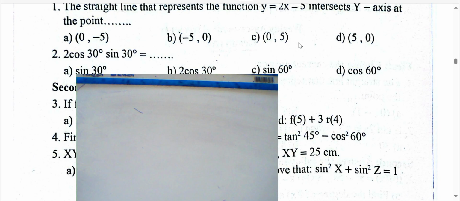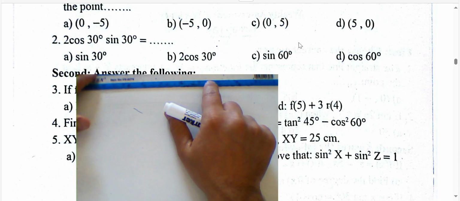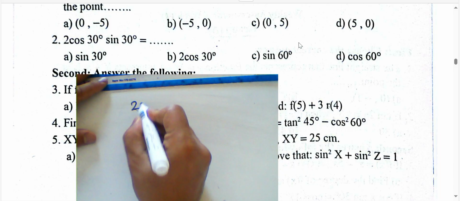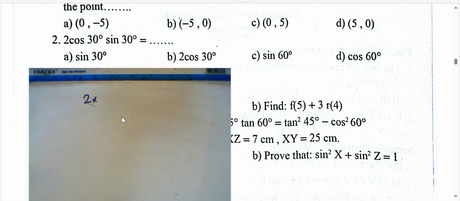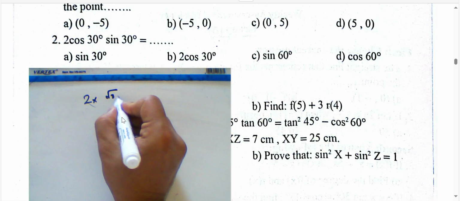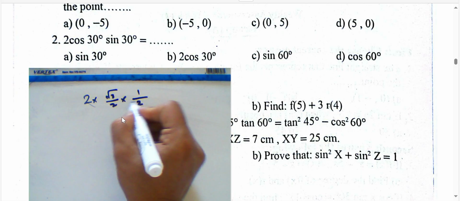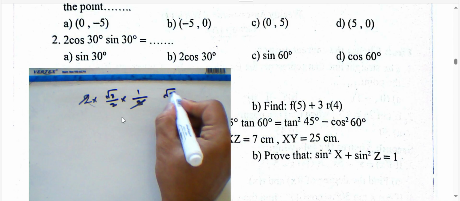Sorry, again, he wants to find which is equivalent to the answer. We know again, 2 product by cosine 30. Cosine 30 here is meaning what? It's meaning root 3 over 2, and sine 30 half. We can cancel this by this, and the answer will be root 3 over 2.